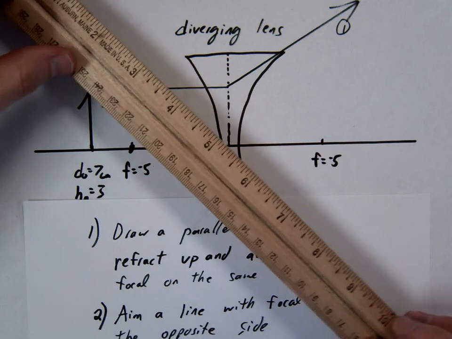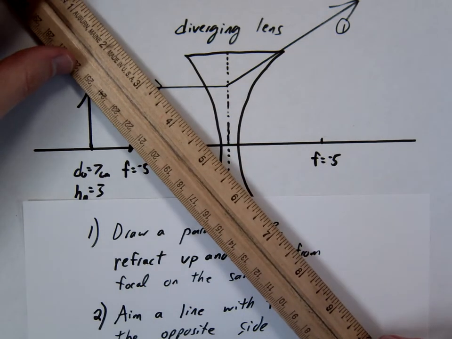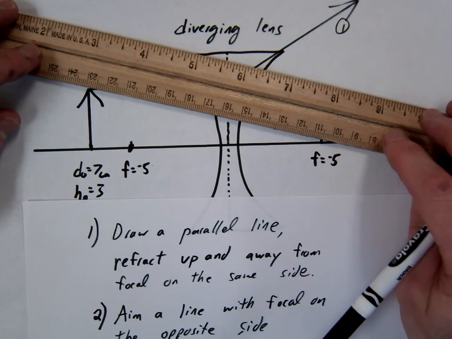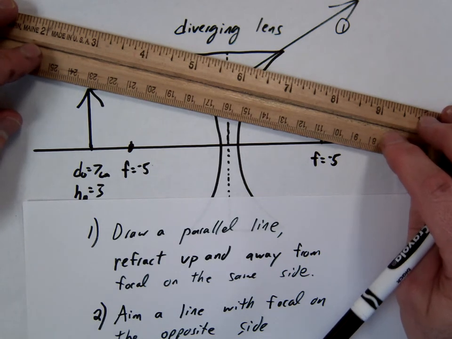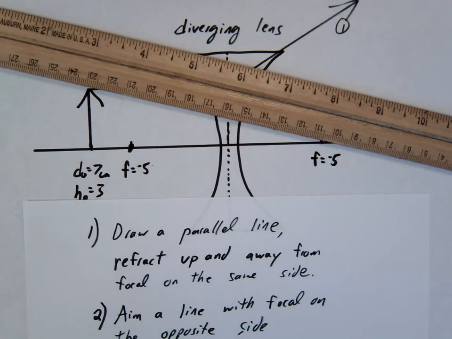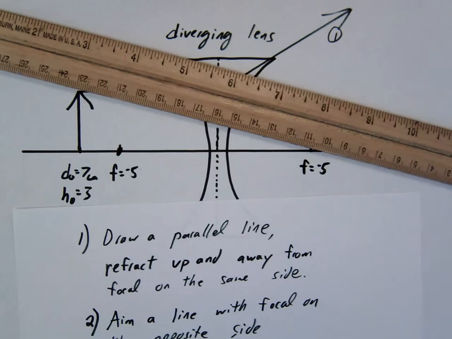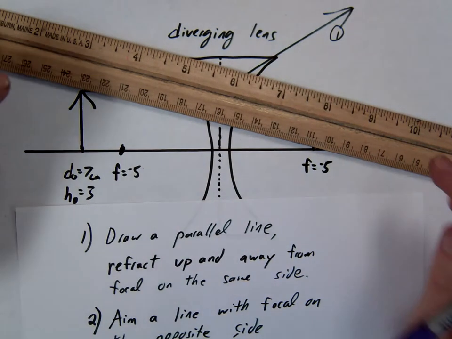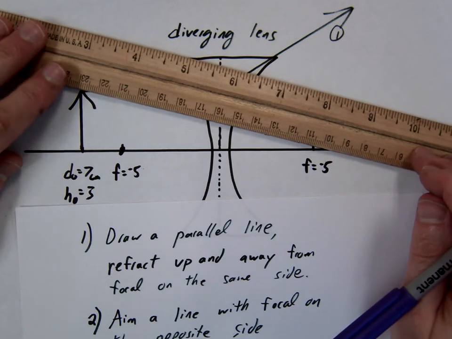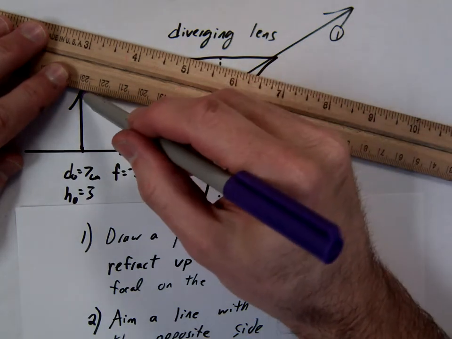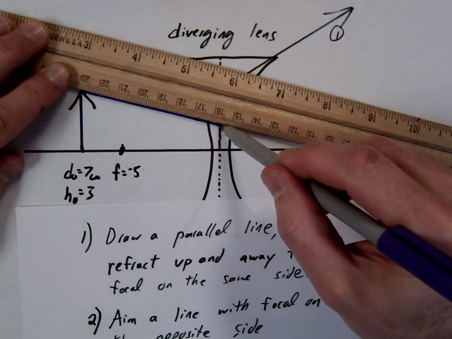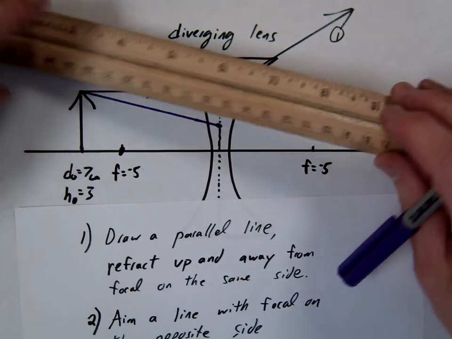They go like this. That's the other kind of lens. For this one, you're going to aim it with the focal way over here on the opposite side, but you never actually make it. You're going to stop at the center of the lens.